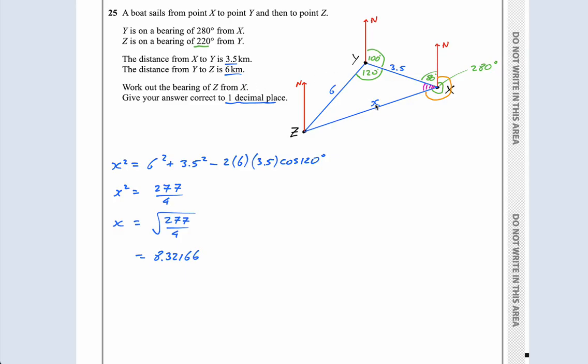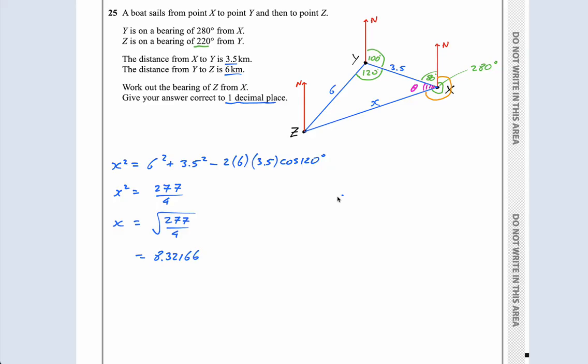Okay, now I have this side. So I could actually use the cosine rule again to find this pink angle. Let's call this pink angle theta, guys. I hope you don't mind me using the Greek letter theta. So how am I going to find theta? Well, I'm going to use the sine rule.